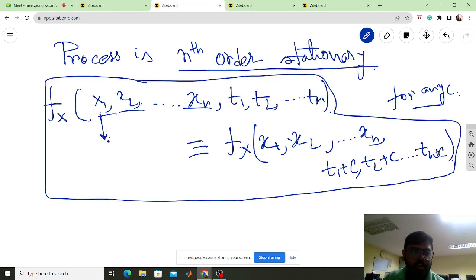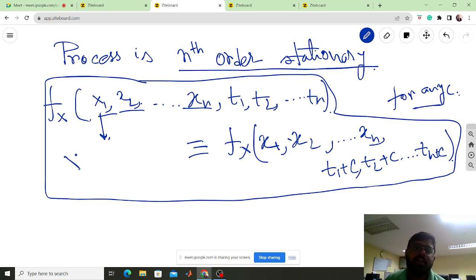I'm just writing x1 for clarity. People may confuse them as different random variables, but they are coming from the same random process.